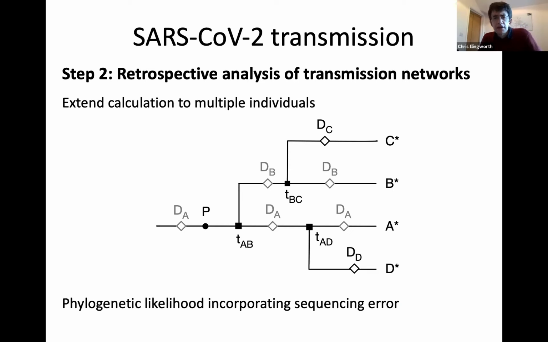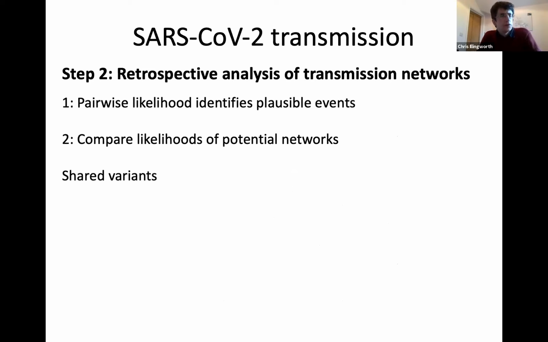I mean, it's really just a standard phylogenetic likelihood, from people like Felsenstein and so forth, but in a transmission tree with error. And we start off with our pairwise likelihood, and that tells us who might have infected who. And then we look at potential networks.